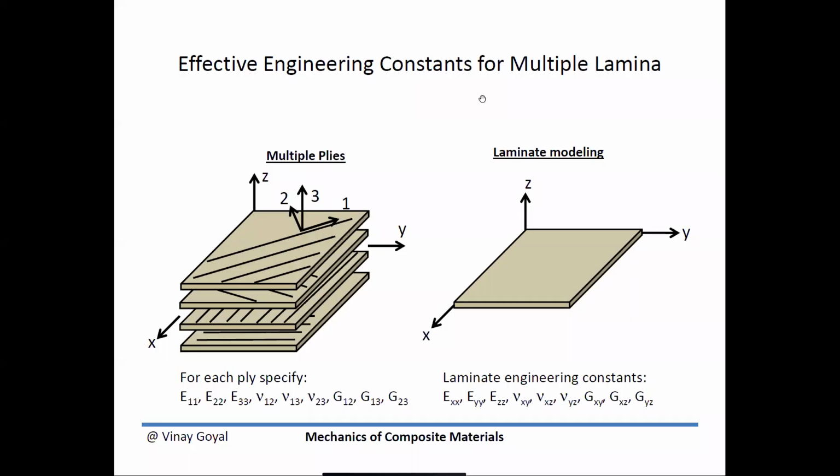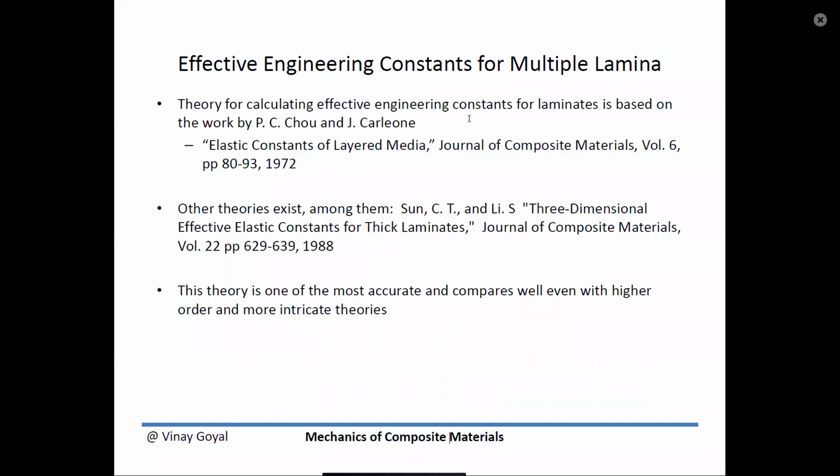So the theory to transform multiple plies and get the effective properties for the whole stack, not just a single lamina like we had discussed earlier, is based on a formula that was derived in the 1990s, and it's one of the best theories. It compares well with test data.